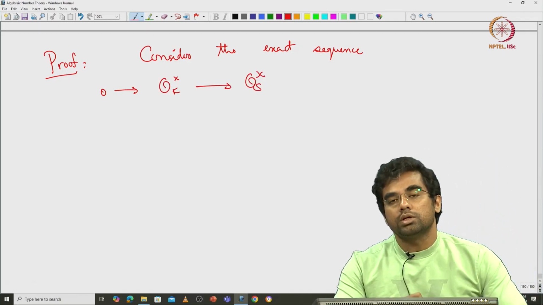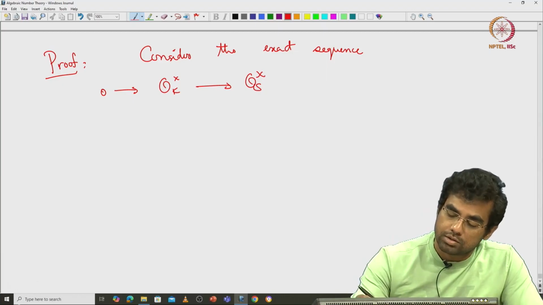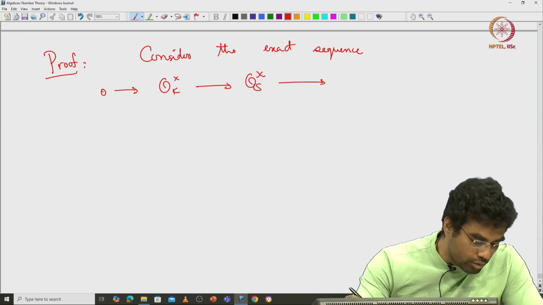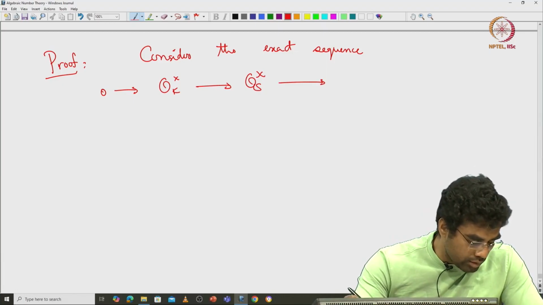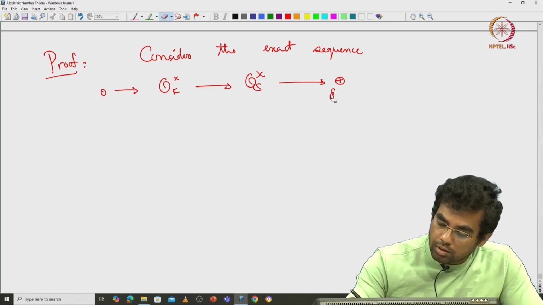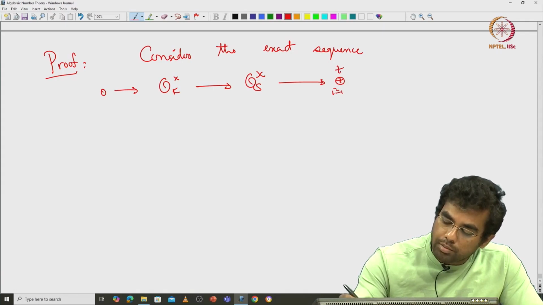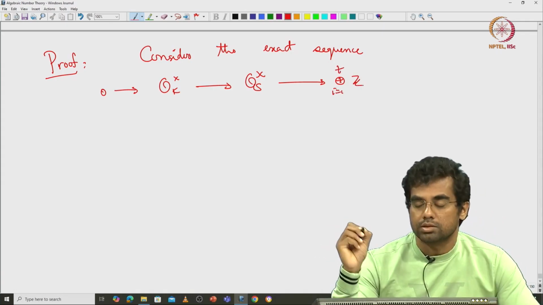There is an inclusion like this, since every unit in O_K is also a unit in O_S. And then you go to the free abelian group generated by P1 up to Pt, since we have numbered our set S.